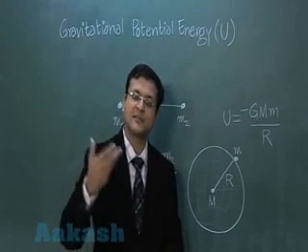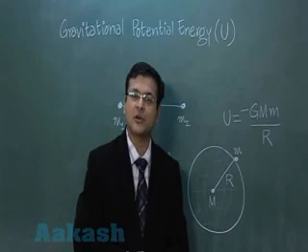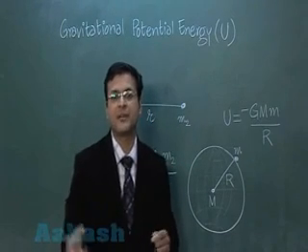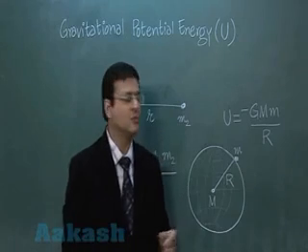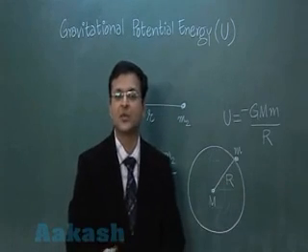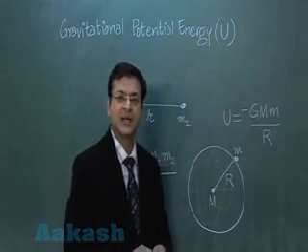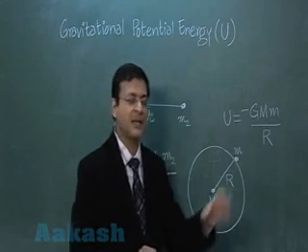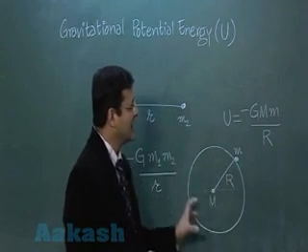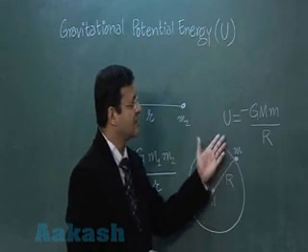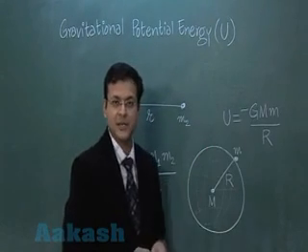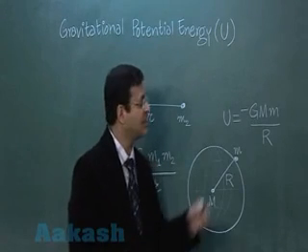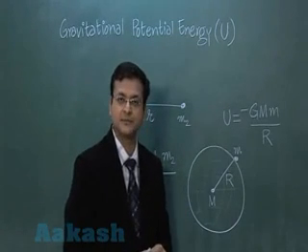As you are going above the surface of the earth, acceleration due to gravity is not constant. In the chapter of work energy power, just to simplify our calculations, we had assumed that for 5 meter, 10 meter, the acceleration due to gravity remains constant, and successfully we used the expression small mgh. But in absolute sense, you should understand that the gravitational potential energy on the surface of the earth is given by this expression, and that mgh was just the special case of this particular expression.